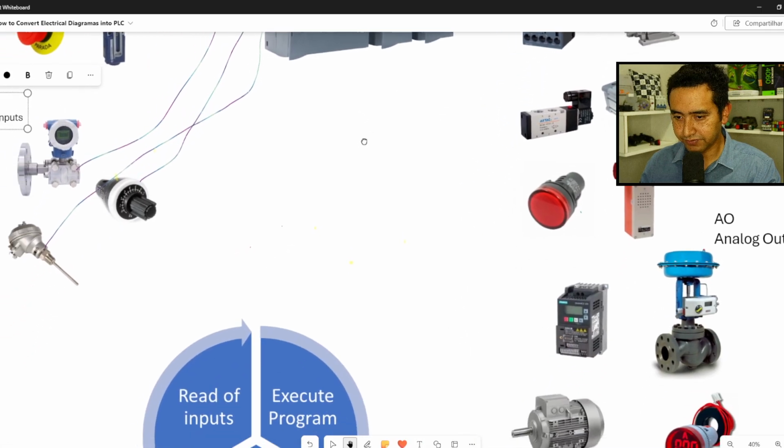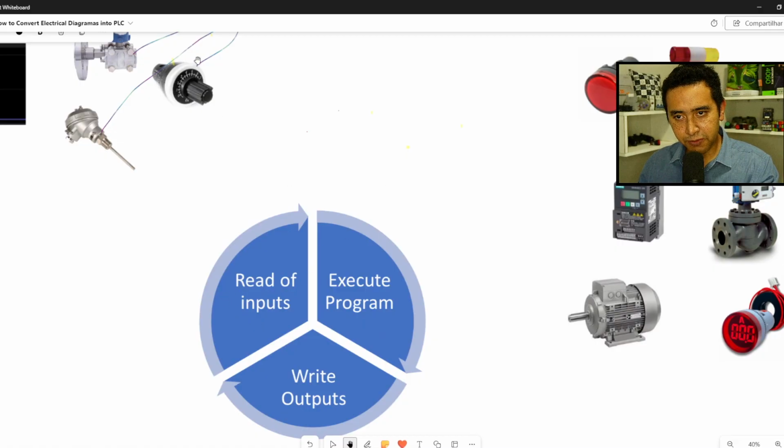As I say, first we read these inputs, then I understand whether these inputs are pressed or not, in a true value or false value, or a value in between, the way the analog input works. Then I execute my program and I write outputs.